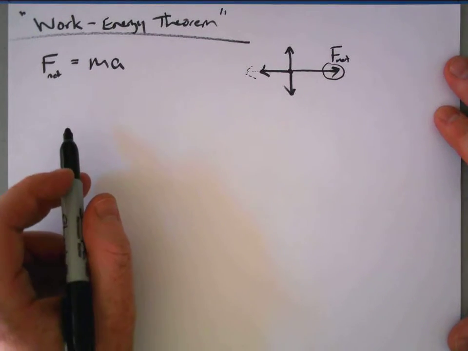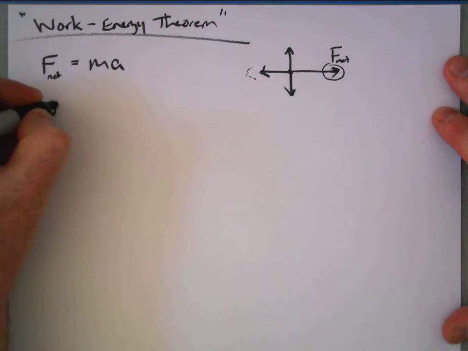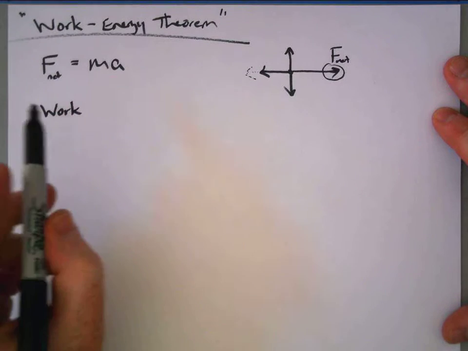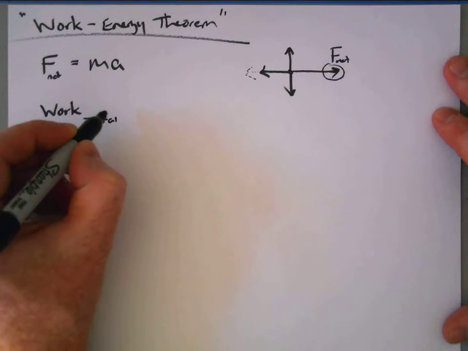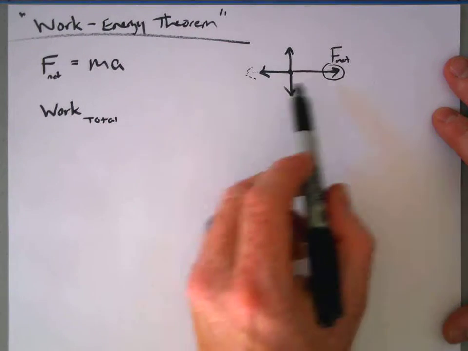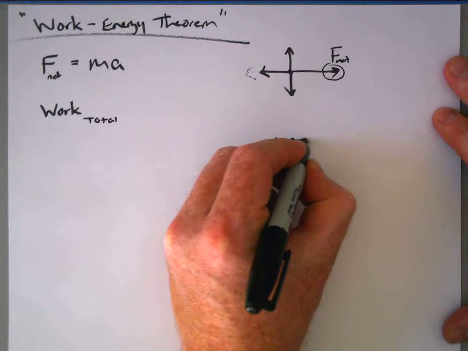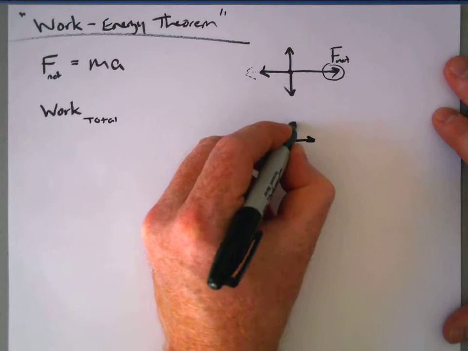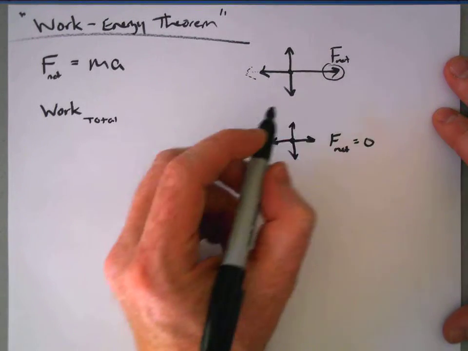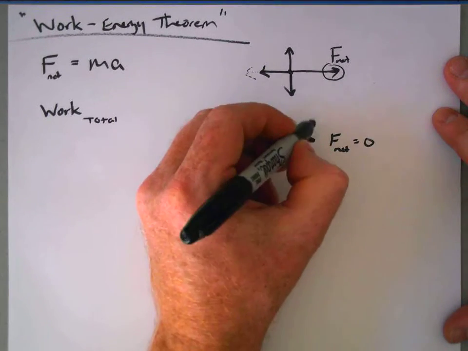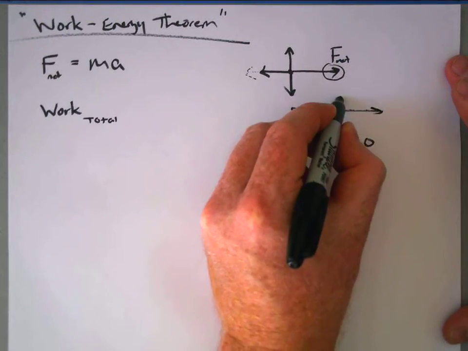Well, that's Newton's second law, and this totally relates to work, except that we have to think about the total amount, because if we have balanced forces, if I have a force this way and a force this way, and here and here, and everything balances, so my net force is 0, well, in that case, let's say this object is moving to the right, a certain distance.